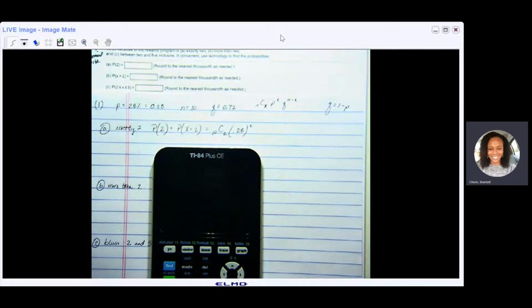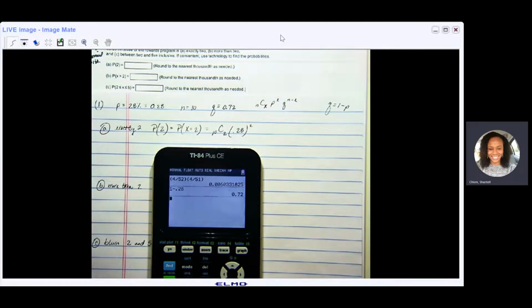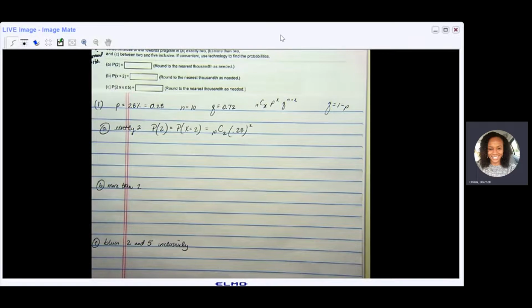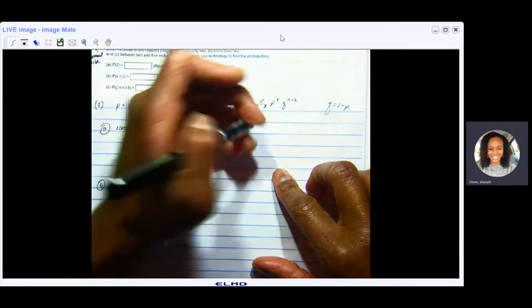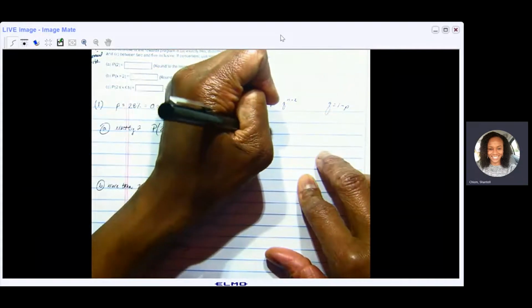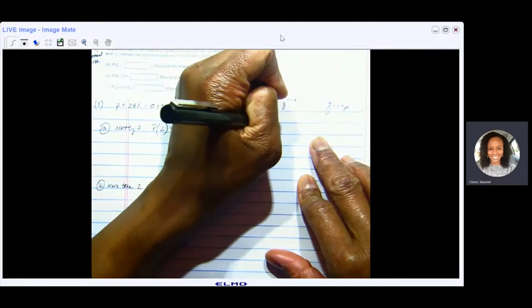Always just double check, but 1 minus 0.28 is 0.72. So N choose X, P to the X, times Q to the N minus X.